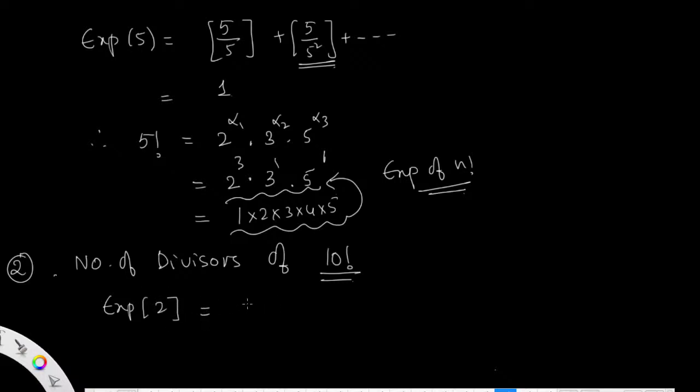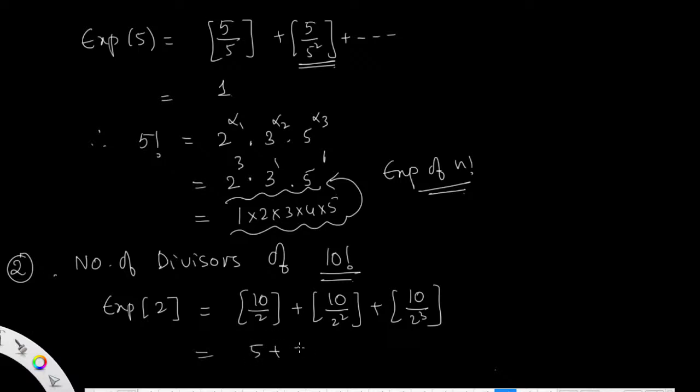Begin with floor of 10 by 2, then floor of 10 by 2 squared, plus floor of 10 by 2 cube. 2 power 4 is 16, more than the value, so we don't take it. So that is 5 plus 2, 10 by 4 is 2 point something, then 10 by 8 is 1 point something. Let us take only 1. So the total value is 8.